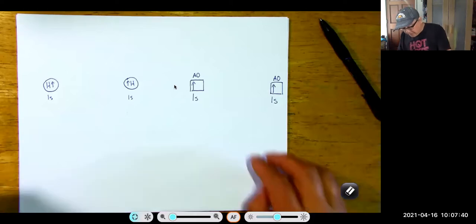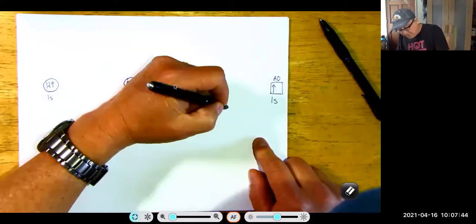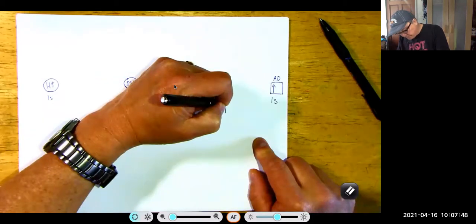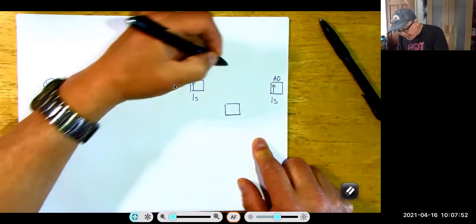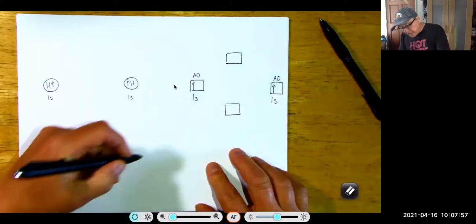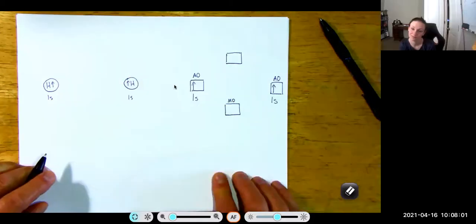So here, I'm going to make a molecular orbital between these two, and it is going to be a bonding MO. And here, this is going to be the anti-bonding molecular orbital. Here, I'm going to call this MO. What does that stand for? Molecular orbital. Excellent.